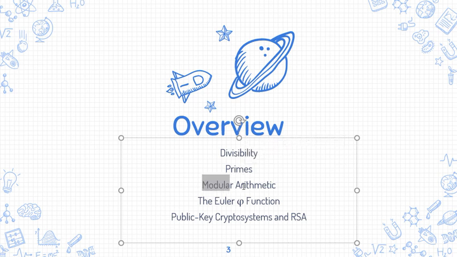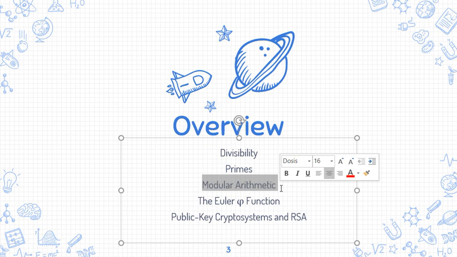Na next is the modular arithmetic that I'll be discussing this Monday. Tapos the Euler function and the public key crypto system and RSA will be discussed next meeting. Kaning Euler function will be discussed next karong Thursday. Tapos next week tingali ta mag RSA.